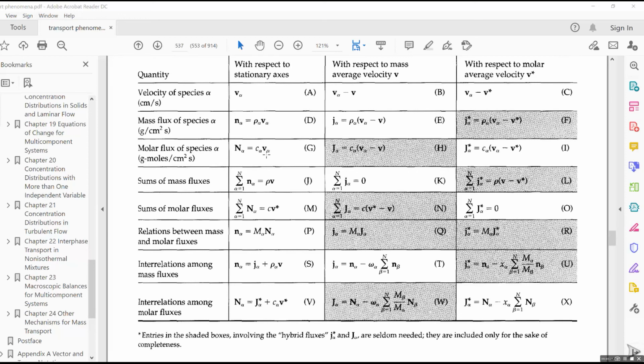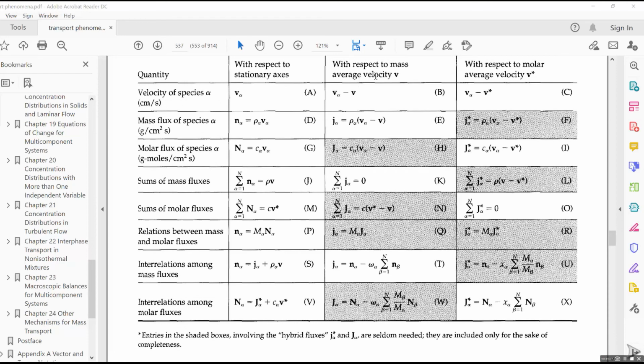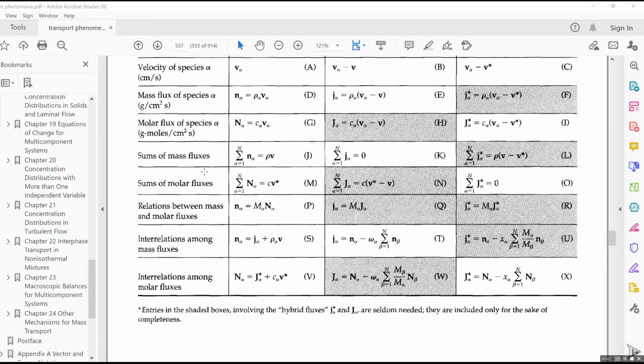In here again, V alpha is the individual species average velocity and C is the molar density. And we can write, with respect to the average velocity here, J alpha is here, and here the diffusion term, and J alpha star is again the mass diffusion. J alpha star here is the molar diffusion.